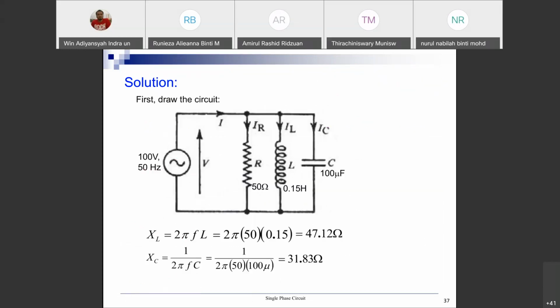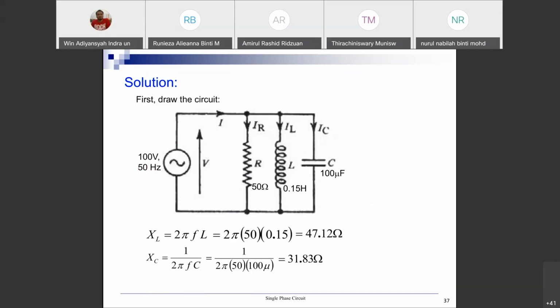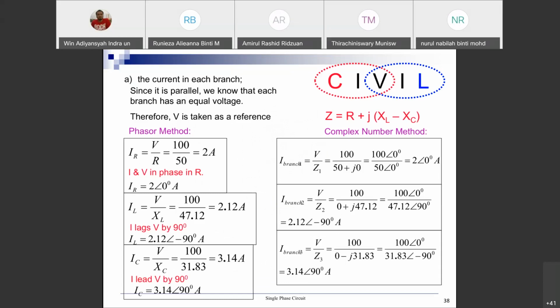The given parameters: this is the circuit, 100 volts. You have R, L, C in parallel. Frequency given, R given, L given, C given. You have to find current in each branch, so IR, IL, IC, and I total.